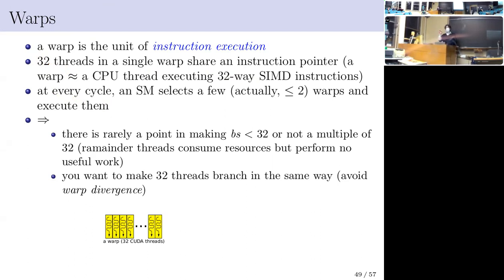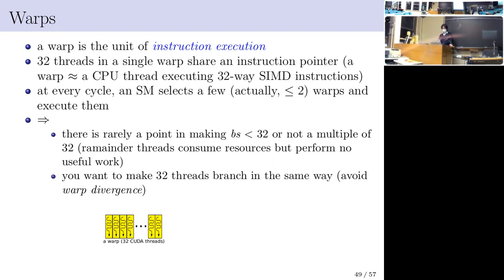It's not that a single streaming multiprocessor can, for example, execute 4 threads from this warp, 5 threads from that warp, and 8 threads from yet another warp in a single cycle. This never happens. The only thing it can do within a single cycle is pick at most 2 warps and execute them.